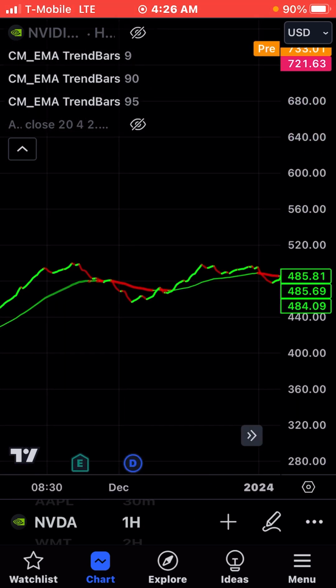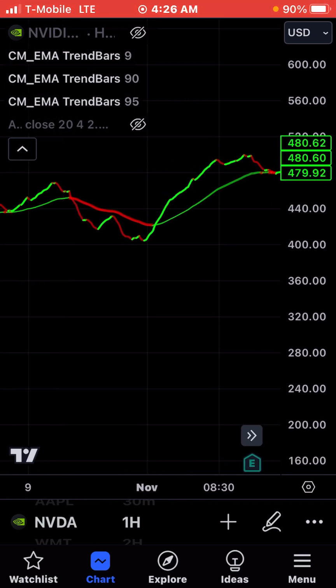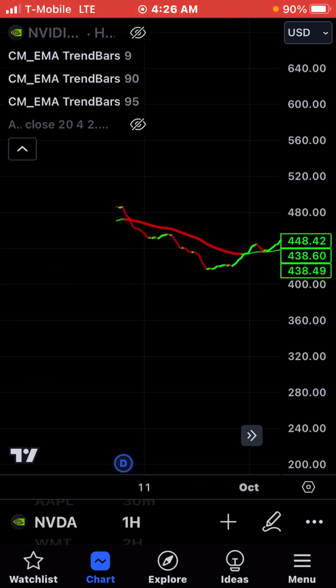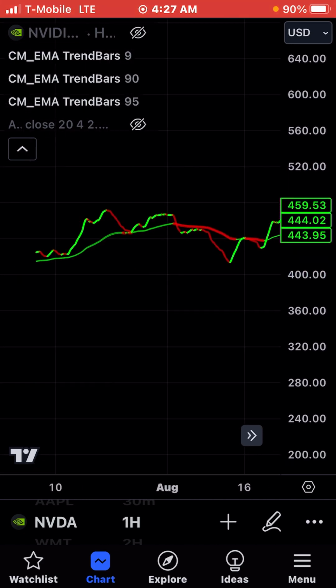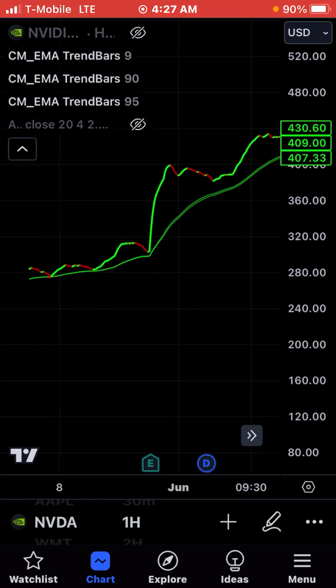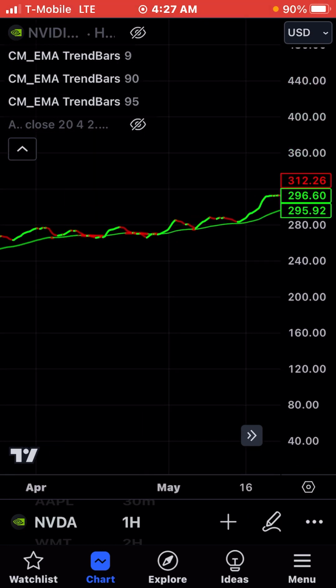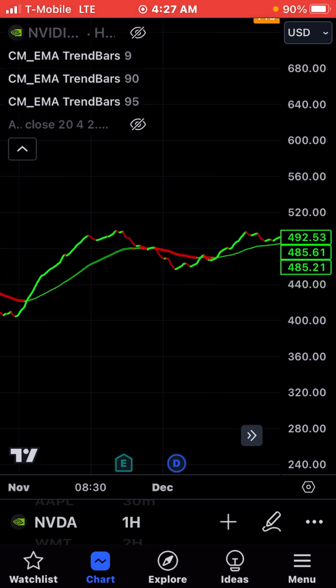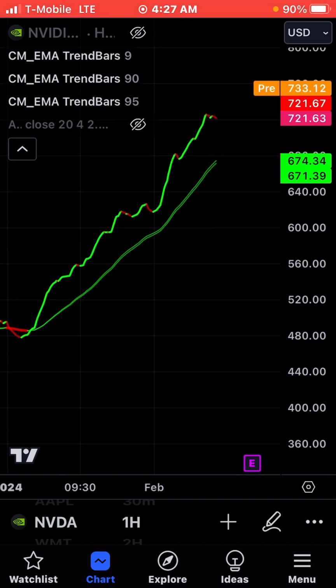Like yesterday, the CPI came out. I didn't even know about it, and I got stuck in a trade. Okay, so that's Nvidia. I think Nvidia has earnings coming out pretty soon, so I think that's the reason why it's pumping so much.